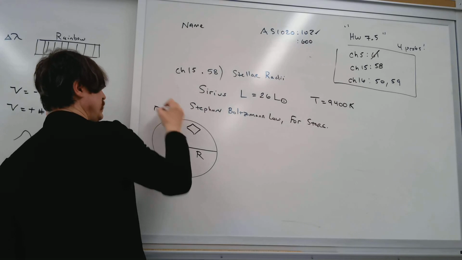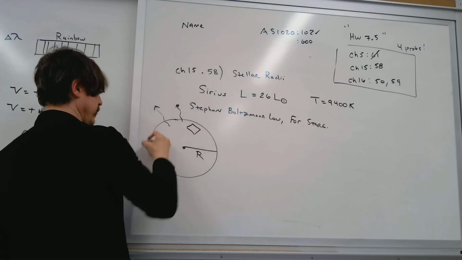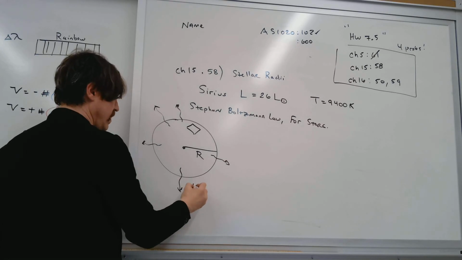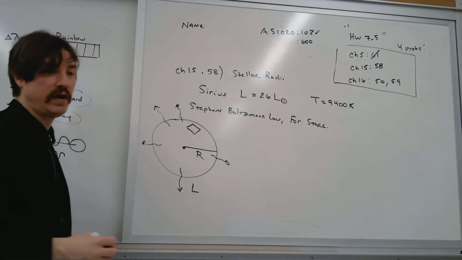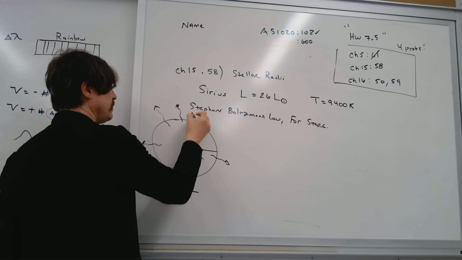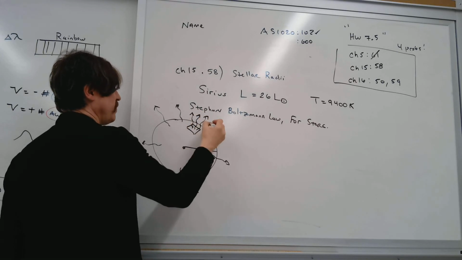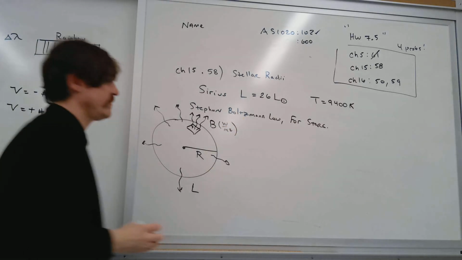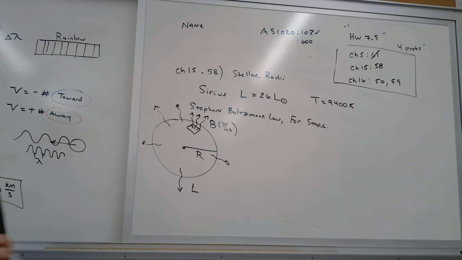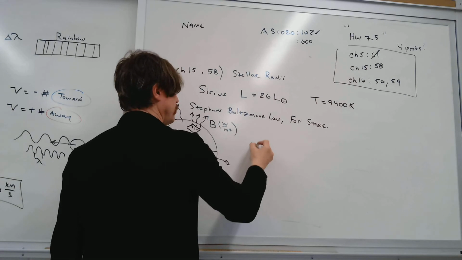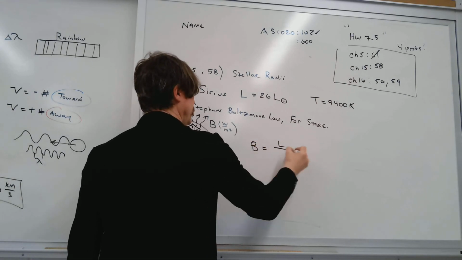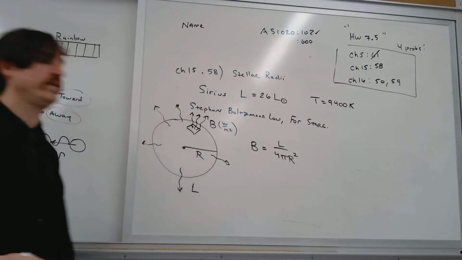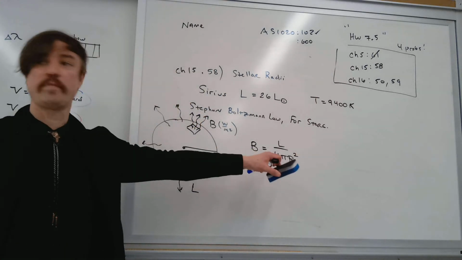If I know the total luminosity, the total output of a star in all directions, I can use the inverse square law to find the brightness of light coming out of a square meter patch at the surface of the star. The inverse square law tells me that the brightness is the luminosity divided by the total surface area of the star, 4 pi r squared.